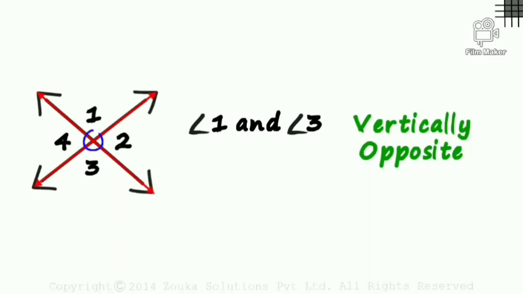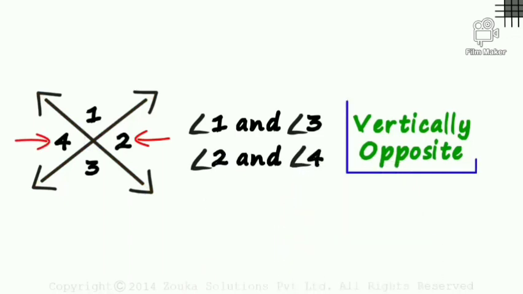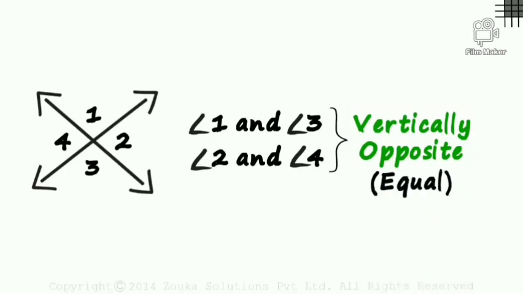If you observe the figure, angle 1 and angle 3 are opposite and also equal. Similarly, angle 2 and angle 4 are also opposite and equal. So those two pairs are called vertically opposite angles: angle 1 and angle 3, and similarly angle 2 and angle 4.